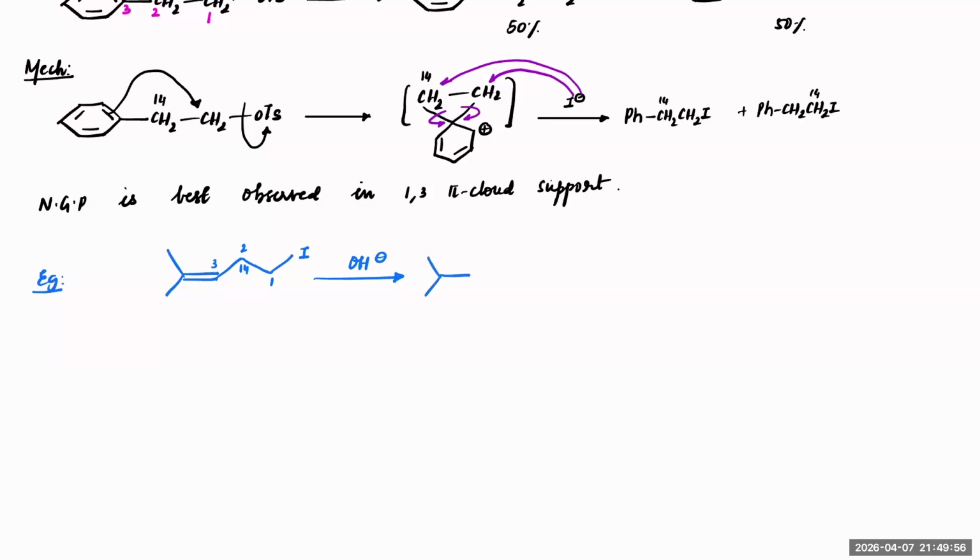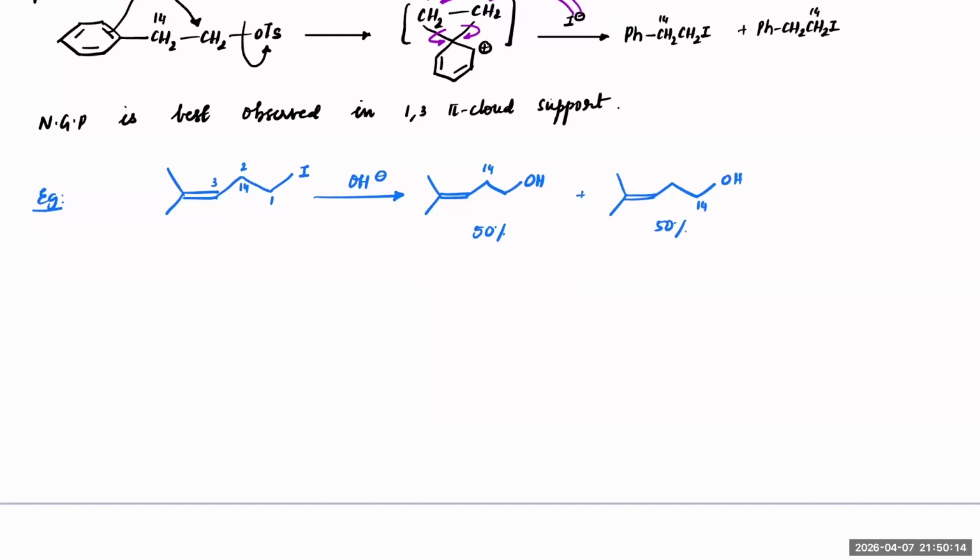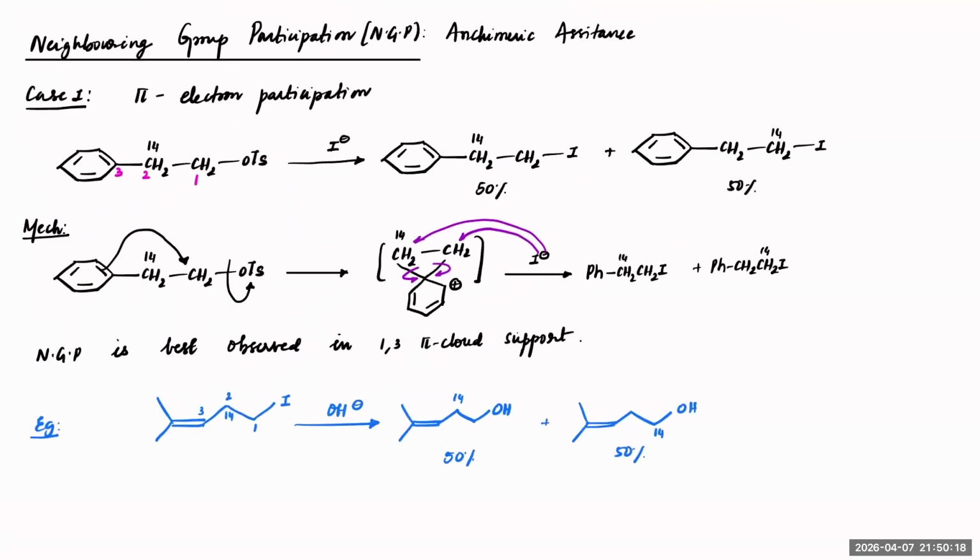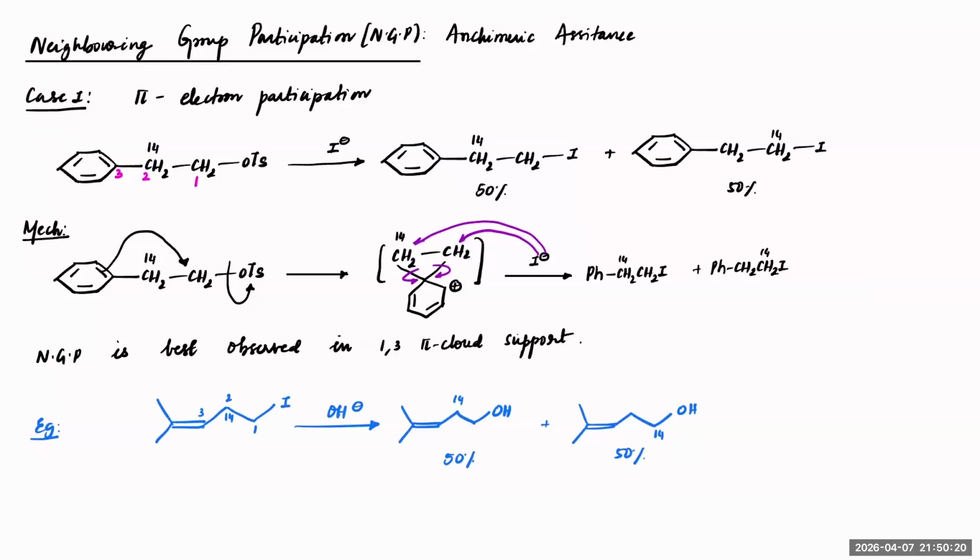So we will get a double bond with OH here, with this being carbon 14, and a double bond with OH here, with this being carbon 14. The chances of these two are 50-50 percentage. Got it? So I guess the first case is clear, everybody, how the NGP happens.